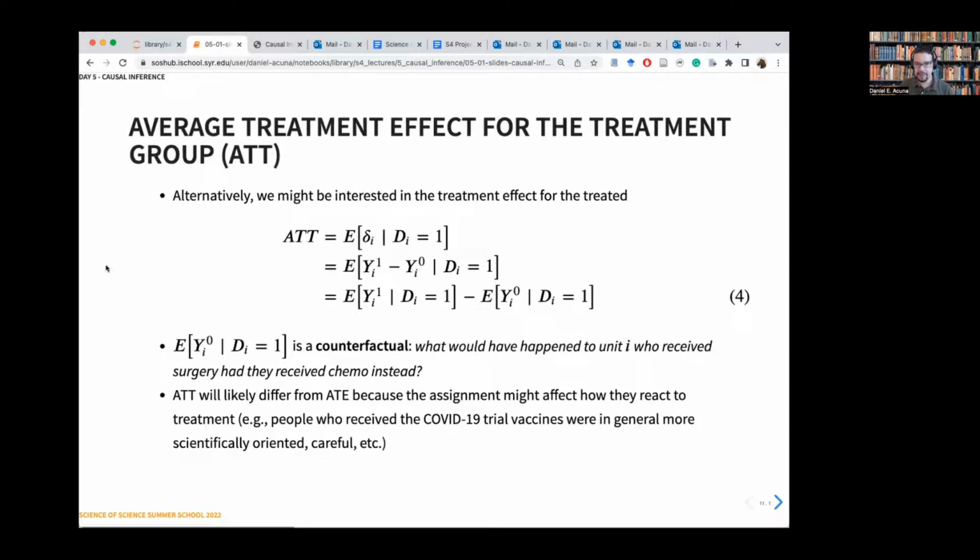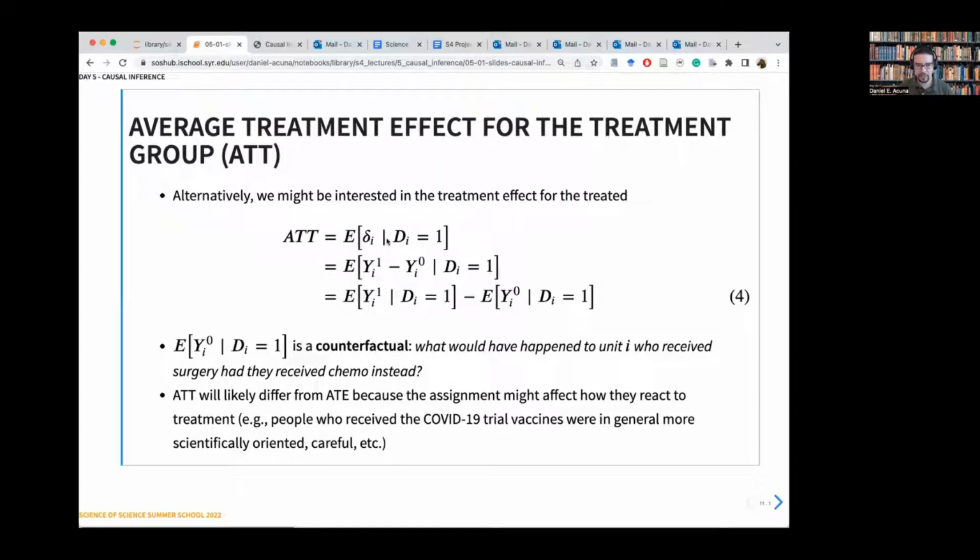Now there are other factors that we're interested in. We might be interested in something like this: given that we give the treatment to someone, what is the effect? What is the average treatment effect on the treated? That's conditional on giving the treatment to someone.